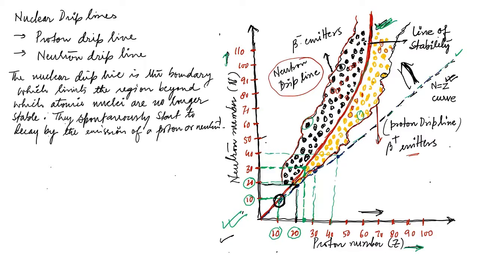So literally speaking, the nucleons from these unstable nuclei start to leak or drip out of the nucleus, hence giving rise to the term drip line.